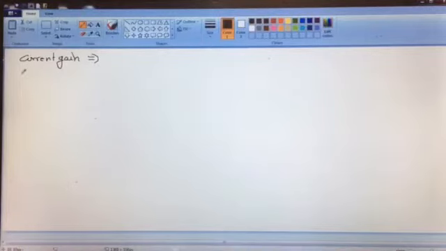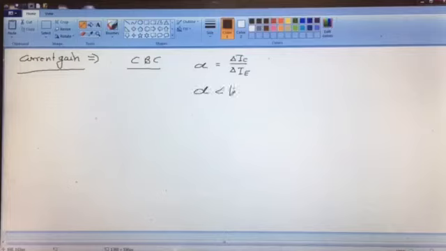Now, the next point to compare the common base configuration and common emitter configuration is current gain. In common base configuration, we have studied the current gain, that was alpha, representing the ratio of del IC upon del IE, and we have calculated that alpha is always less than 1 because del IE is equal to del IC plus del IB.